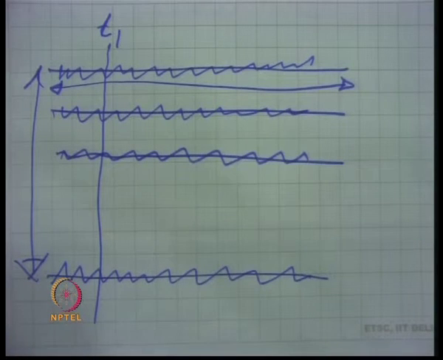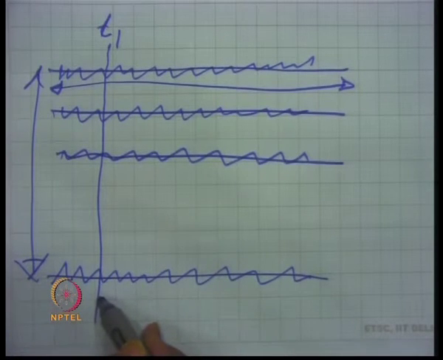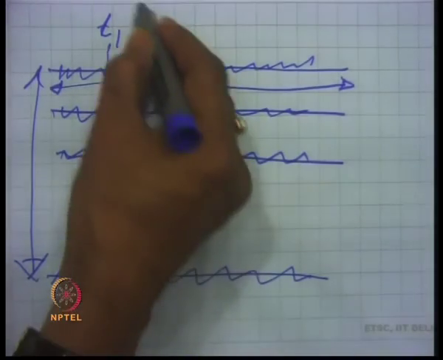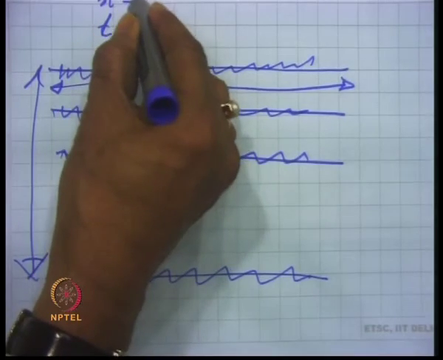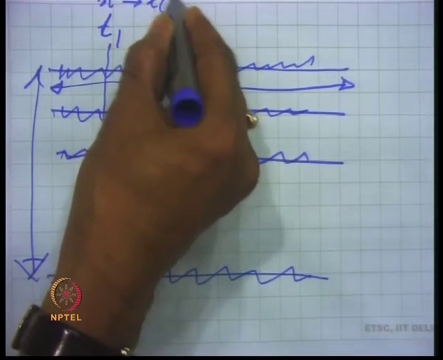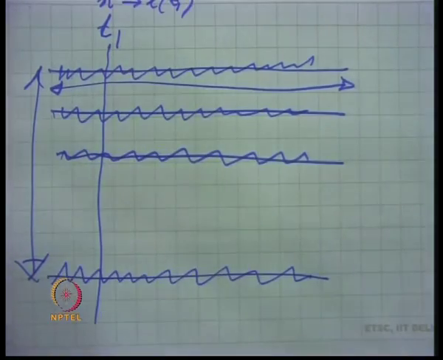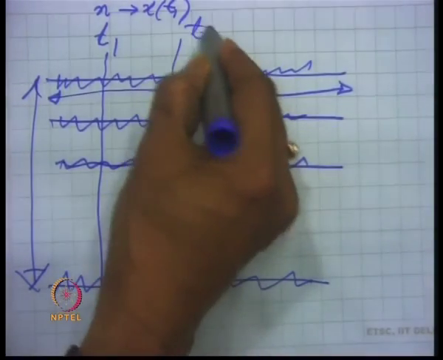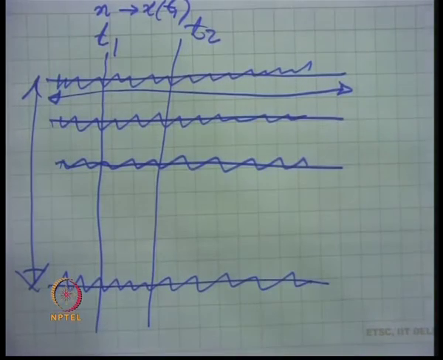So, if there are n number of samples in an ensemble, then we will get n values of x t1. Similarly, at some other time t2, we can get n number of values of x t2.